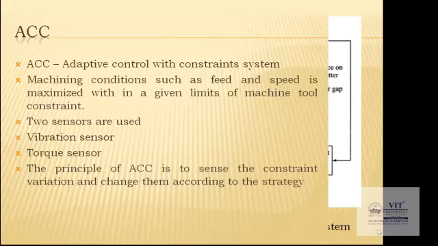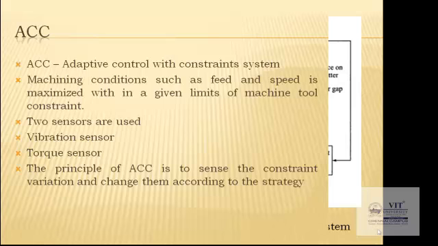You have to set the constraint, which is calculated or fixed for that particular machine or for the particular workpiece. In addition to the MRR and tool wear rate, which are not calculated here, you have to measure the vibration and torque. Vibration can be measured using any sensor, and torque can be measured using a torque sensor.